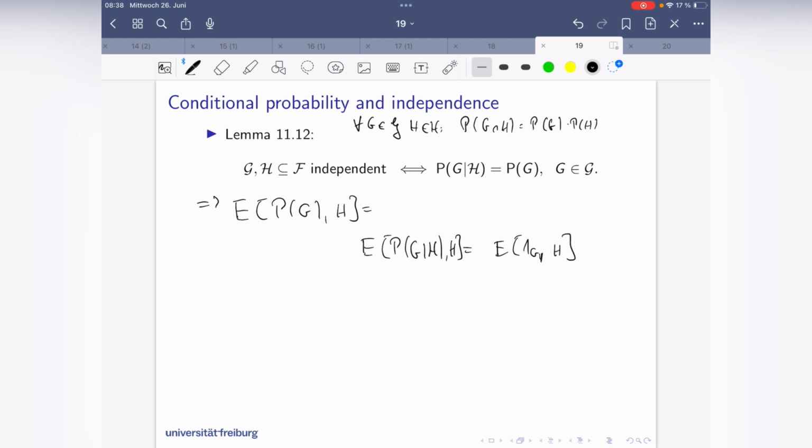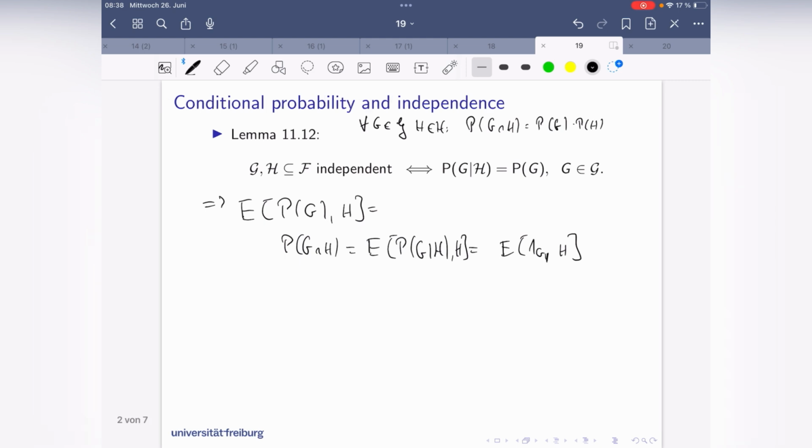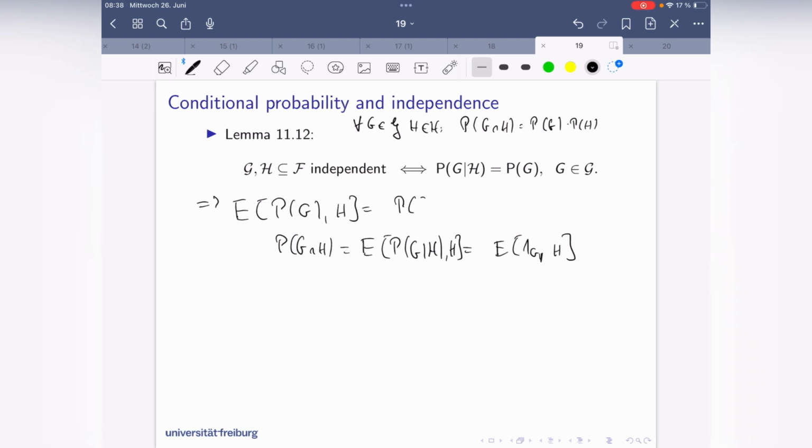So, this is by definition. On the other hand, what's also true, so this here apparently is the probability of G intersected with H. And this here is P(G) times P(H).